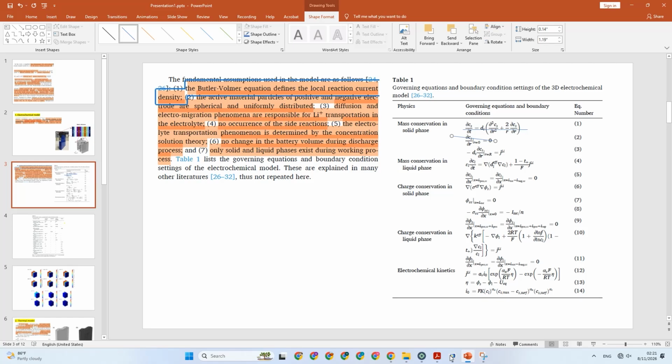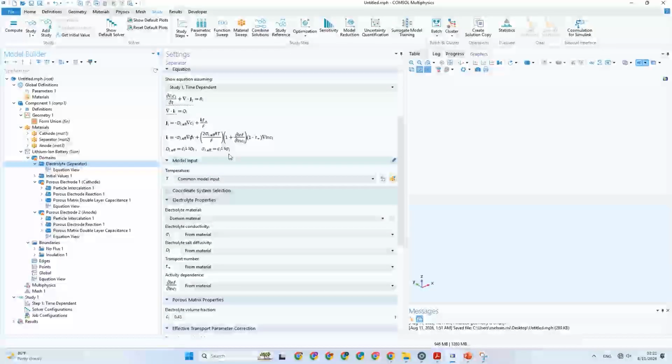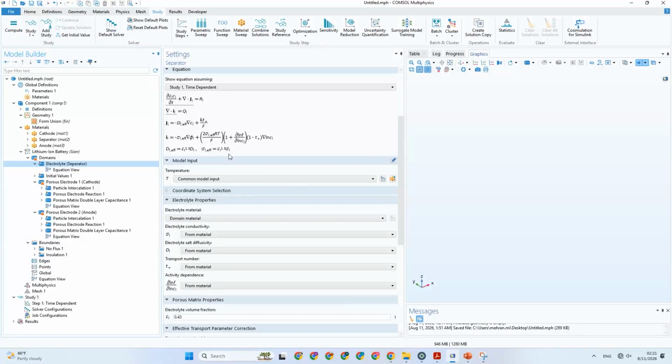Let me check the COMSOL. We have gradient of ln cl. The gradient of ln is equal to gradient of cl divided by cl.